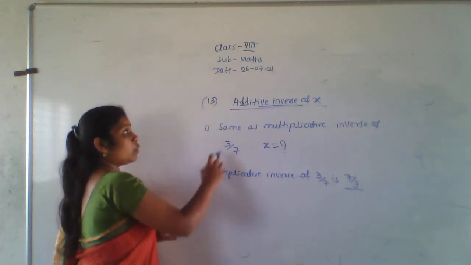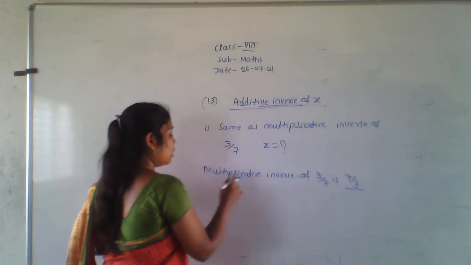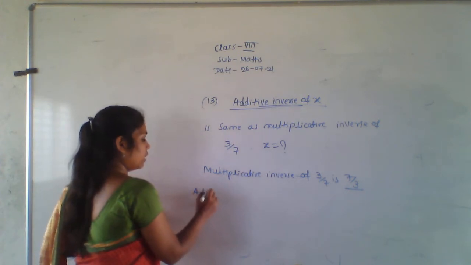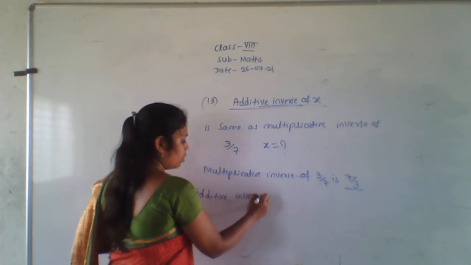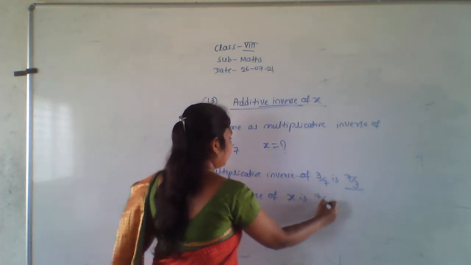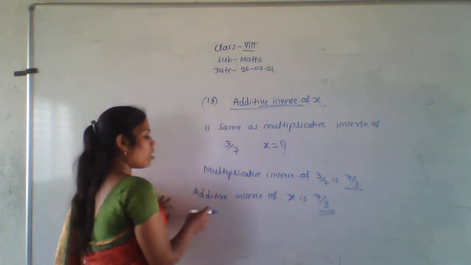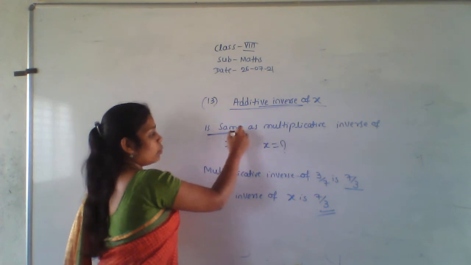Then what they told here, additive inverse is same as the multiplicative inverse. Then here additive inverse of x is 7 by 3, right? Because additive inverse and multiplicative inverse are both the same, they only told here.